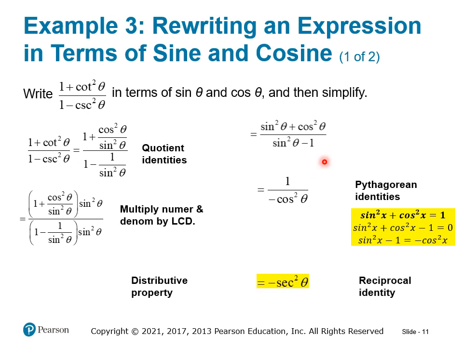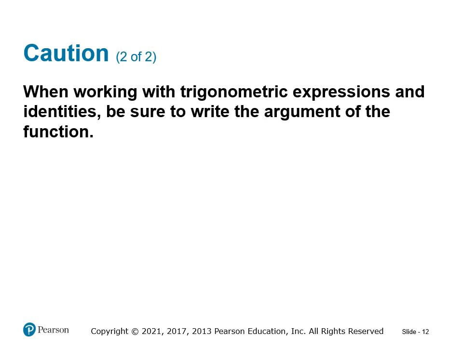And so we can see that this more complicated formula, 1 plus cotangent squared over 1 minus cosecant squared, is actually equal to simply negative secant squared. Okay? So this is a very typical thing that we might do when we're trying to simplify identities, is to replace all the other trig functions or rewrite them in terms of sine and cosine, and then simplify it. Okay.